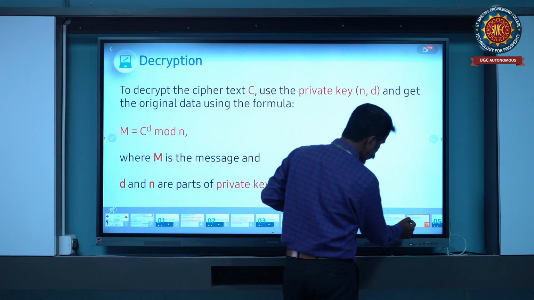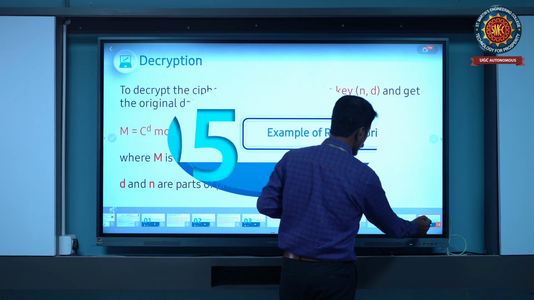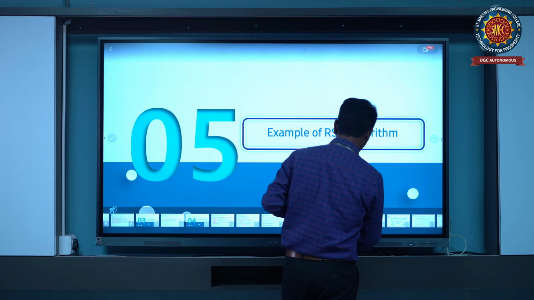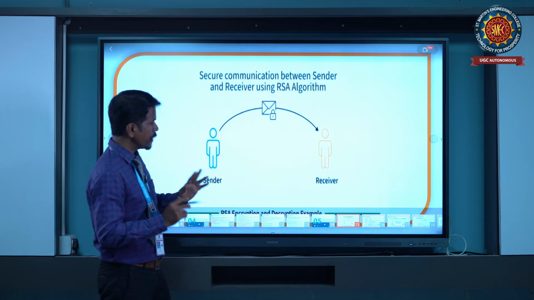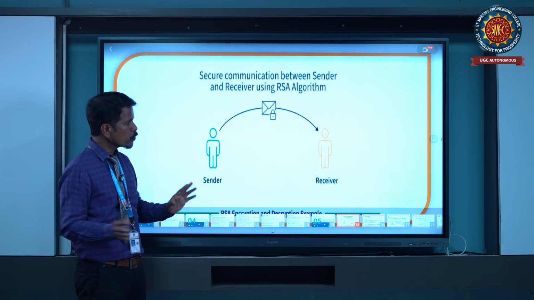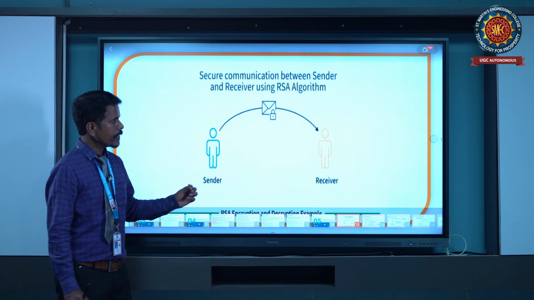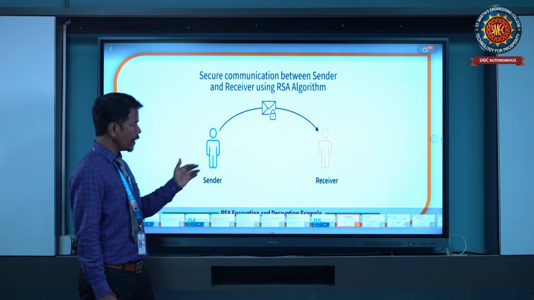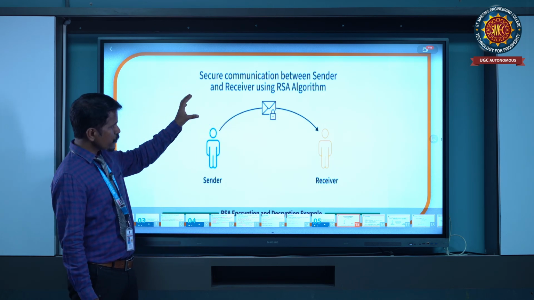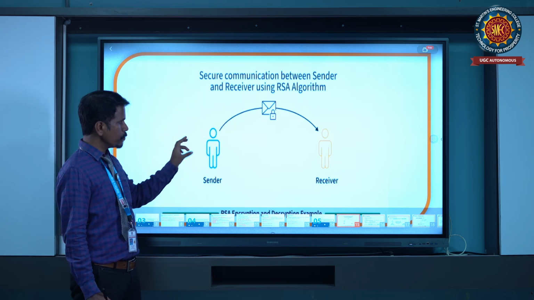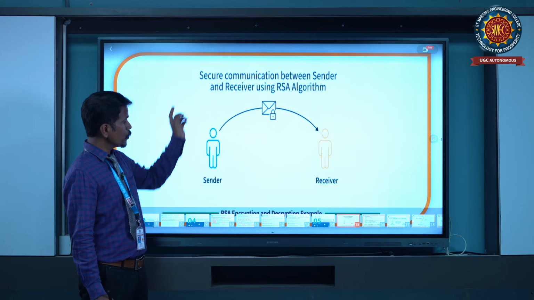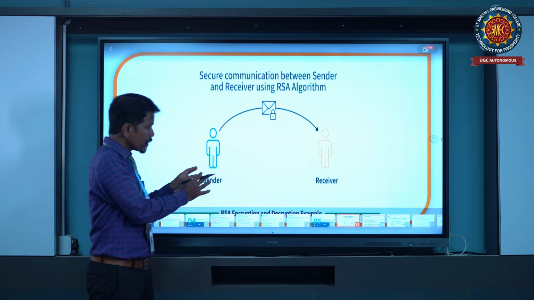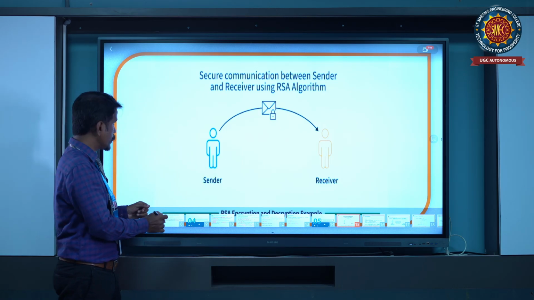Next we go to the example. Through this example I will explain the part very clearly. Now I am going to solve the problem. First we need to understand how the RSA algorithm lets sender and receiver securely communicate data.